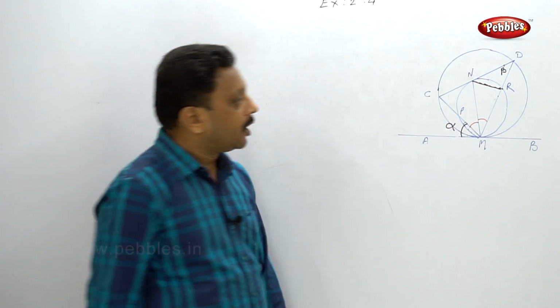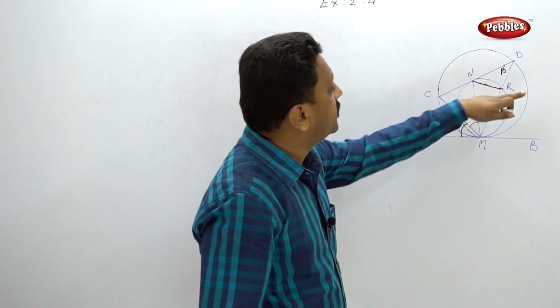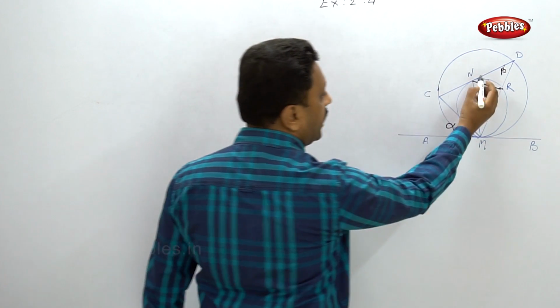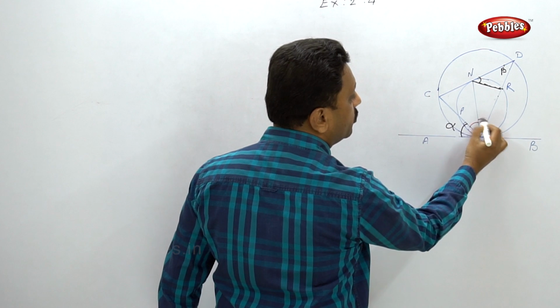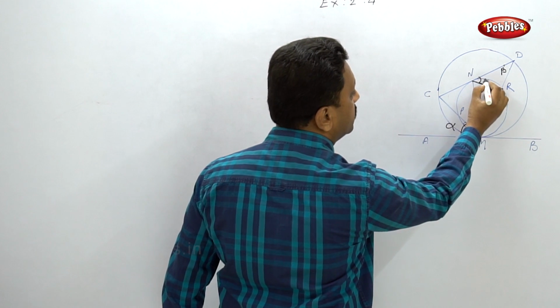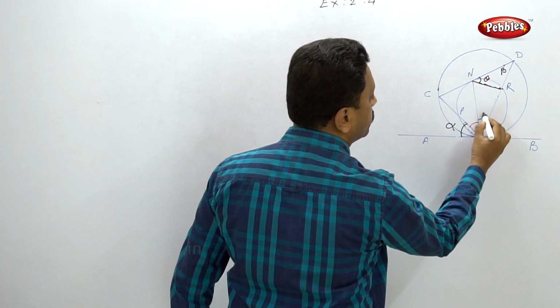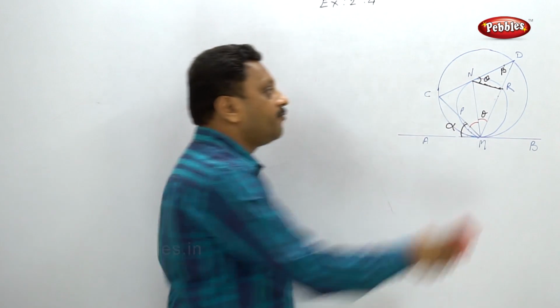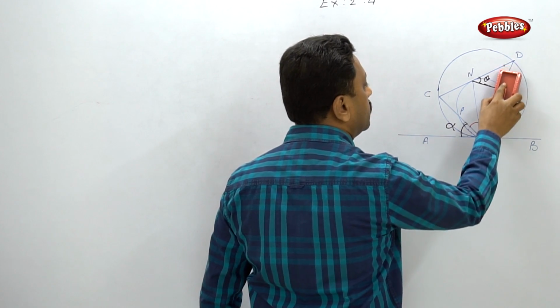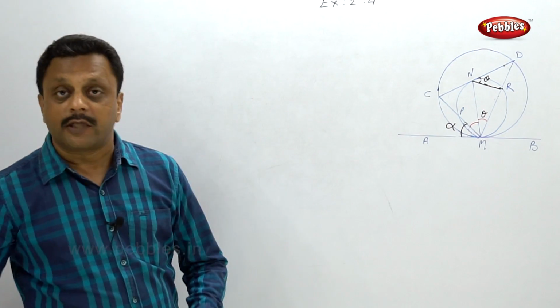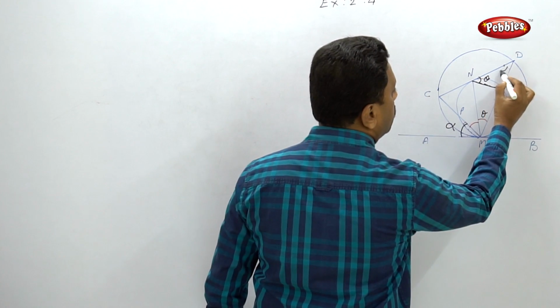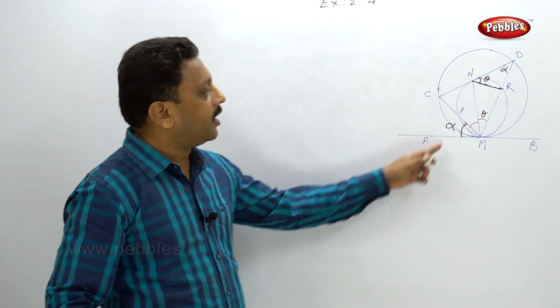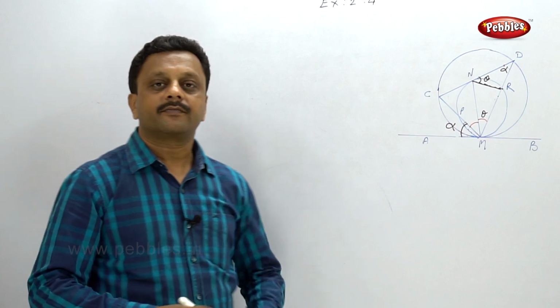Correct? Now this is tangent, this is secant, so I can say that this angle is equal to this angle. I'll call this angle theta. Here instead of beta, I will straight away write alpha and alpha, because both the angles are the same angle. So this angle alpha is equal to this angle alpha.